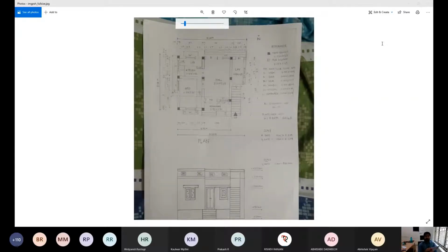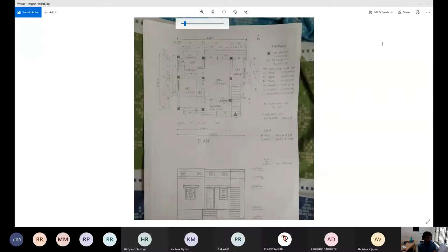Your first exercise also you have to complete this way, because then only you can scan and send to me, and then only we can check it. If you do it this way, it is better. This way you can complete each exercise for different residential buildings, hospitals or something. Then one more thing, the scaling.